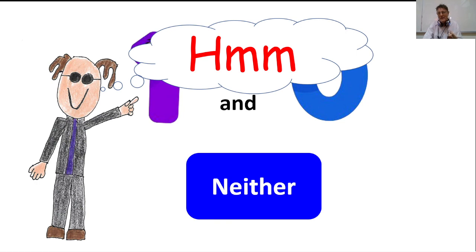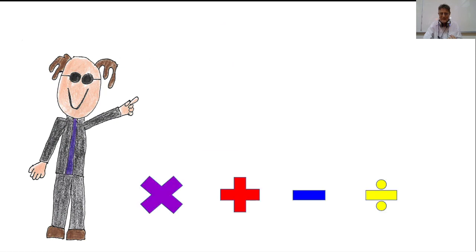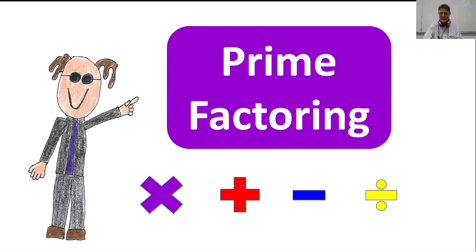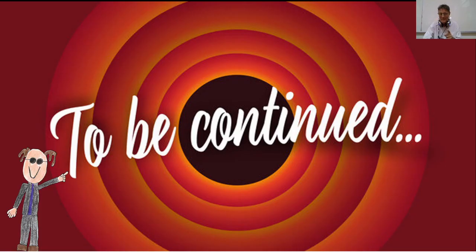Prime numbers and composite numbers are very important when dealing with fractions, when reducing fractions. We will get to that in another lesson. But next lesson, we need to learn all about prime factoring. We will do that another time.